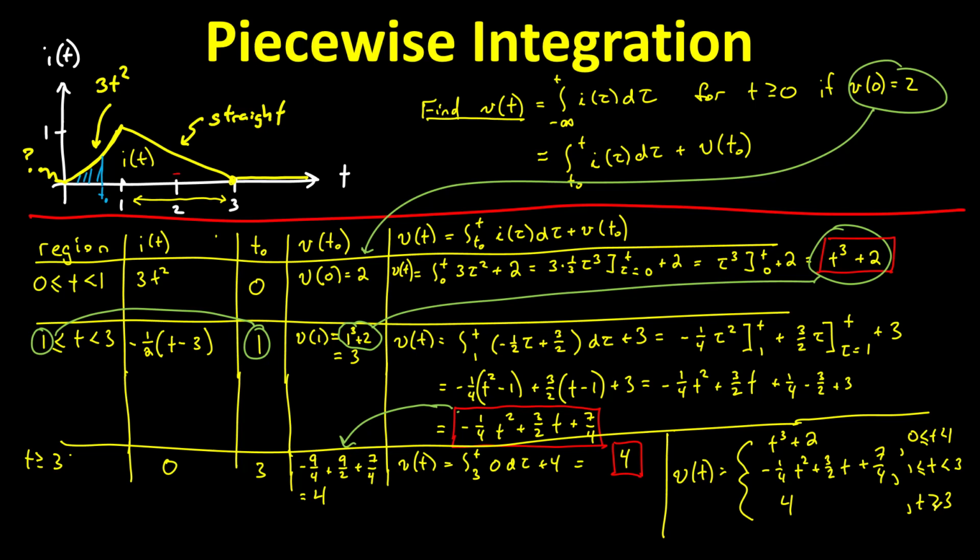Truly doesn't matter where you put the equalities. You could put the equalities everywhere if you wanted to, because what this is doing at 1 is the same as what this is doing at 1, and what this is doing at 3 is the same as what this is doing at 3. And once you've written those, then this is the answer to the problem.